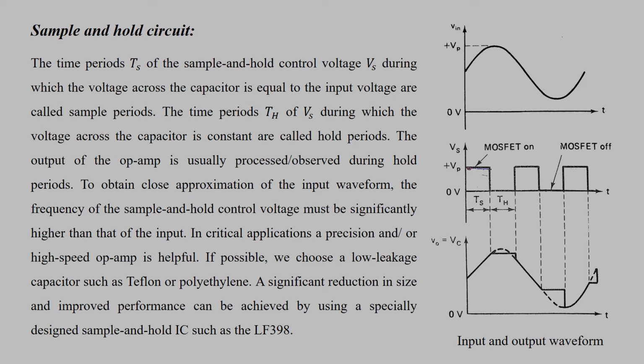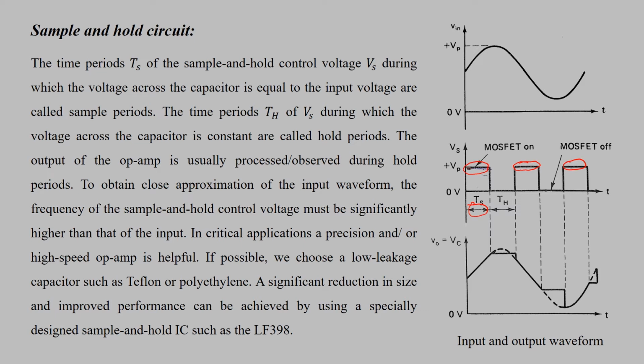So the period Ts of sample and hold control voltage Vs, during which the voltage across the capacitor is equal to the input voltage, are called sample periods. So you can see here in the figure, these are the sample periods, and in these periods MOSFET is on.